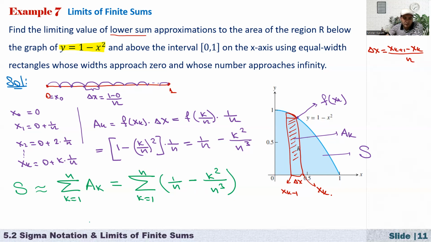So what I'm looking for here is this S. S is equal to the limit as n goes to positive infinity of sigma, k equal to 1 to n, of A sub k.